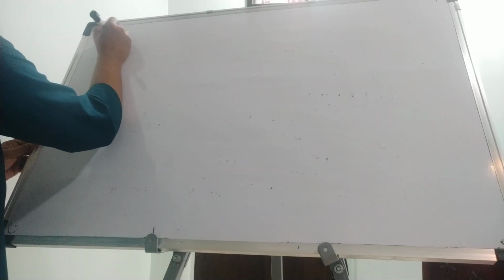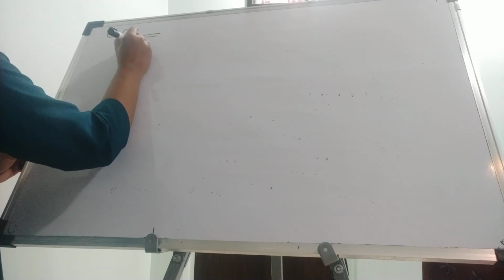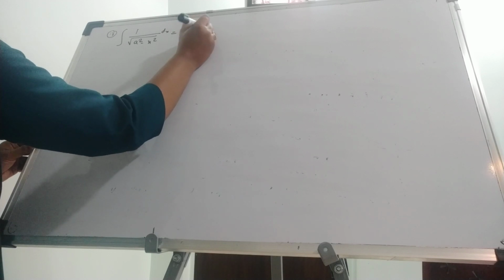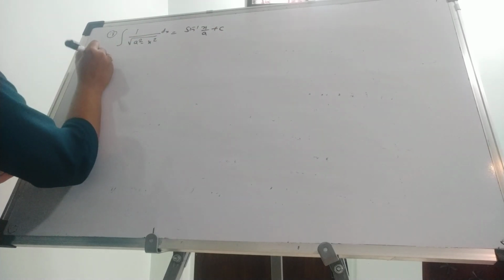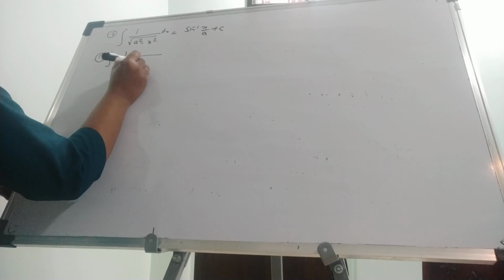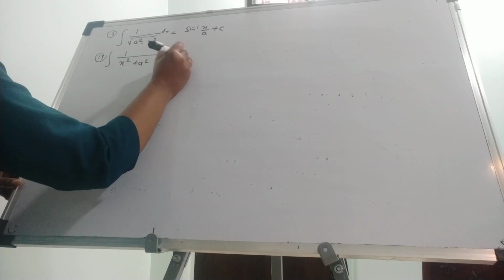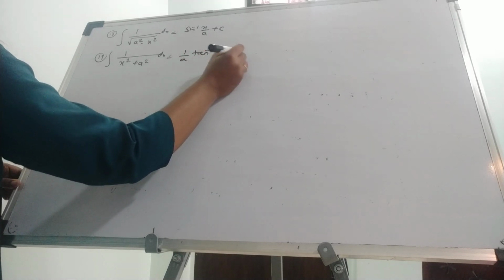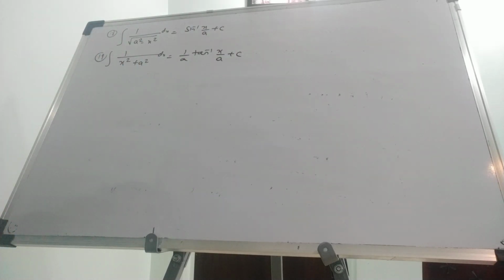Next formula is integration of 1 upon under root a square minus x square is sin inverse of x by a plus c. 1 upon x square plus a square, integration value is 1 upon a tan inverse of x by a plus c.